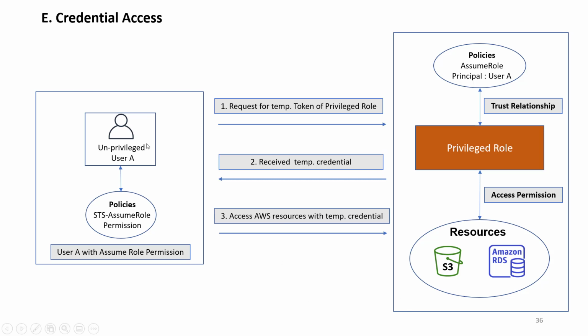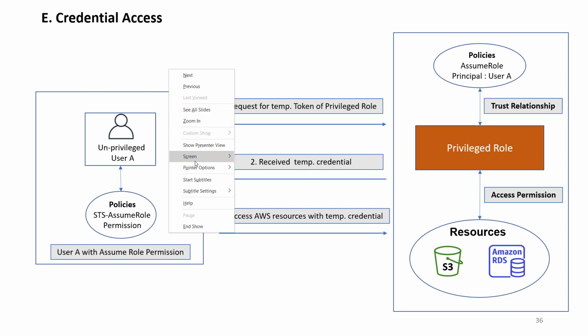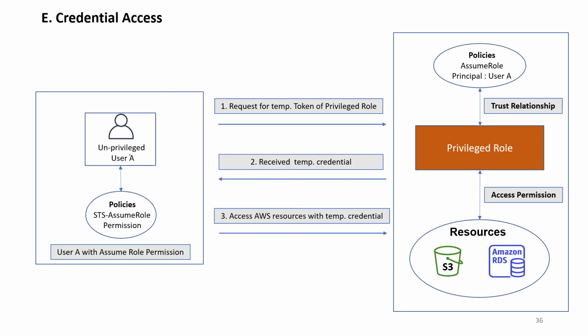You can see here in this diagram we have one unprivileged user. This user doesn't have many rights, but he still has read access. There is one policy attached to this user, called the STS assume role policy. Basically, it allows you to assume roles if your ARN is in their trusted relationship.